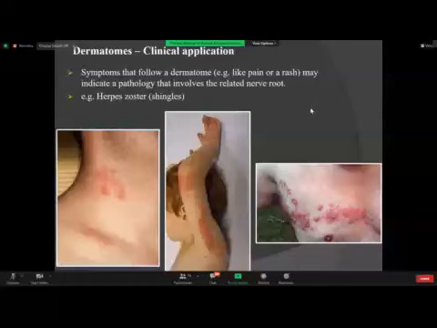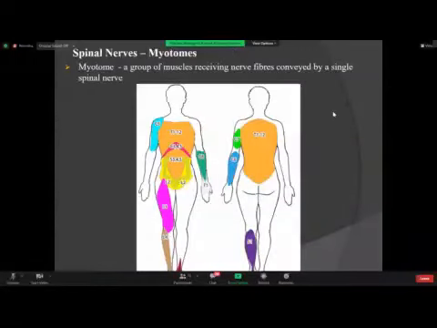Now, let's talk about the myotomes. The myotomes are basically a group of muscles that receive nerve fibers conveyed by a single spinal nerve, okay? So you have combinations of nerves that can supply different regions, but you have single nerves that supply particular regions. So I understand that this might create a little bit of confusion that T1 to T12 is looking all brown, but the point of the matter is that each of these, T1 to T12, is being served over here separately, okay?